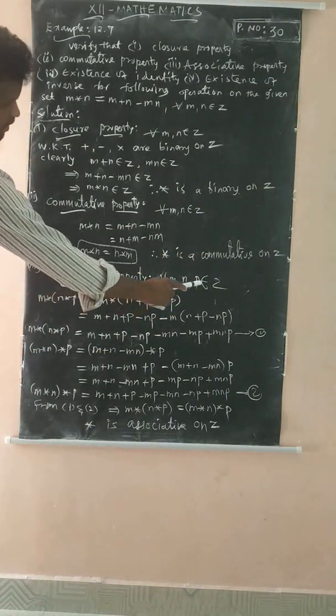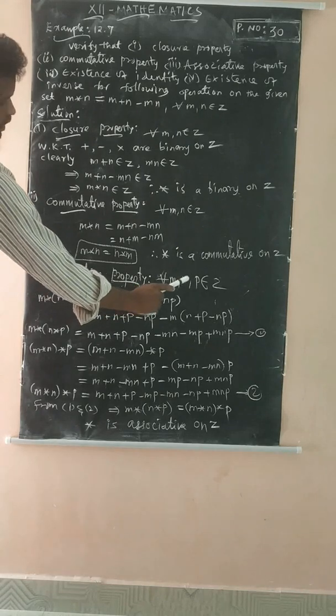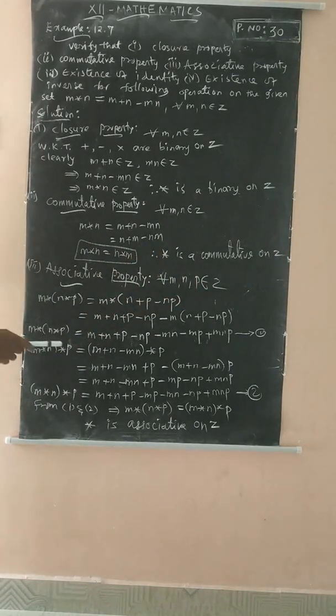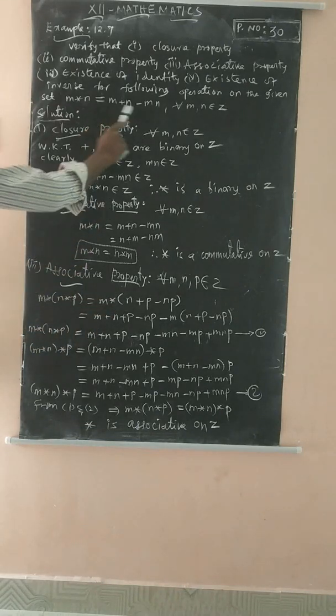For every m comma n comma p belongs to Z. So now prove the associative property. m star of n star p is equal to, first we operate the brace term. So m star of n plus p minus np, by this definition.